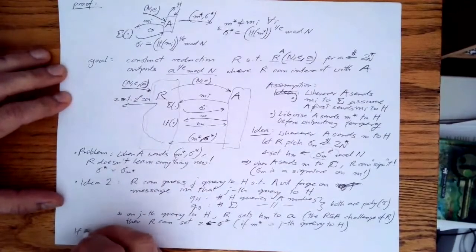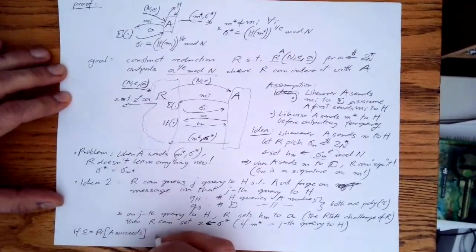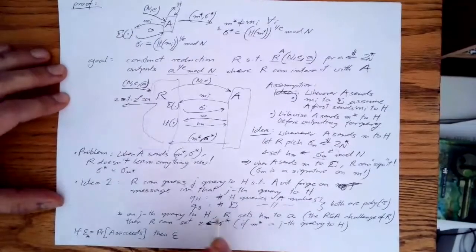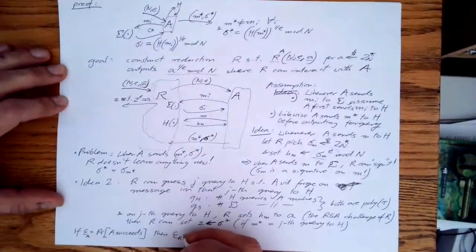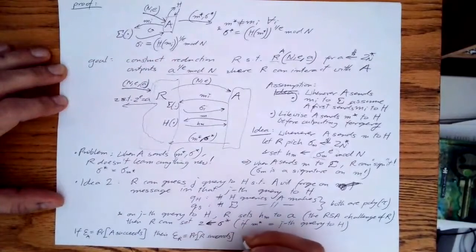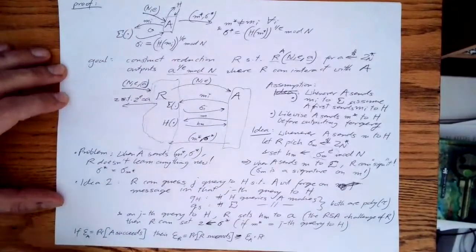If epsilon is the probability that A succeeds, let's call it EA, the probability that an attacker forges, then ER, which is the probability that R succeeds, is at least EA times the probability.